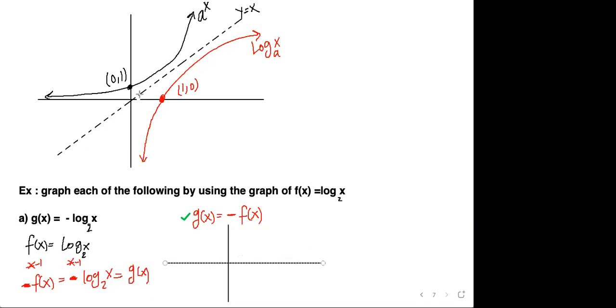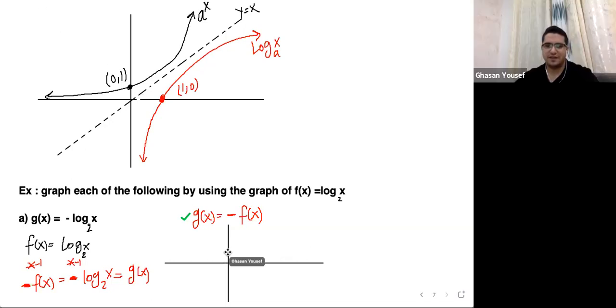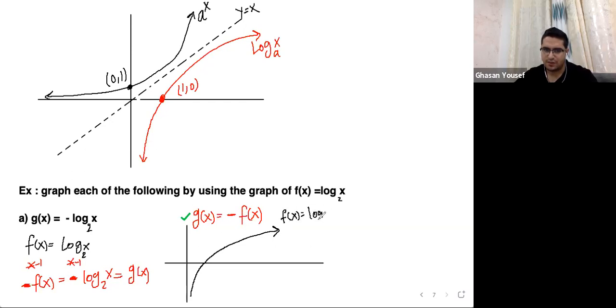The x-axis, correct. So I have to graph the original function f of x, the logarithm of x to the base 2. The graph should be something like this. Here's the graph of f of x equal log x to the base 2. Now I have to reflect it around the x-axis because I have minus outside the function.